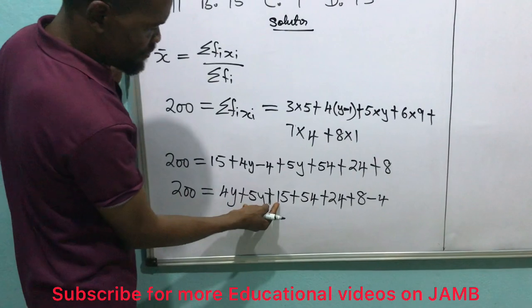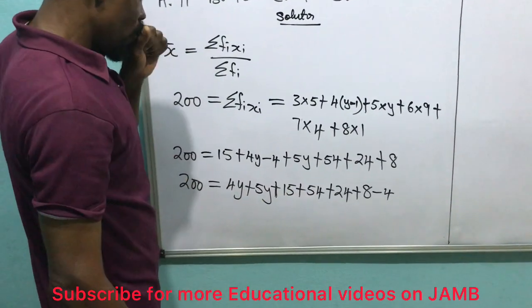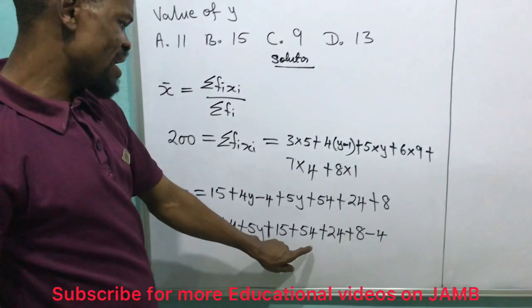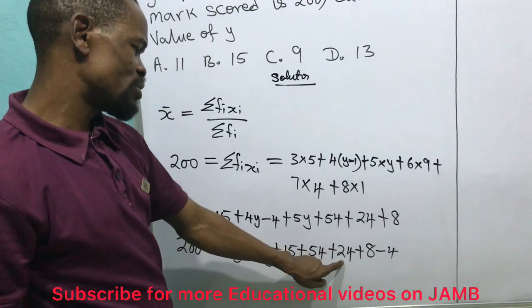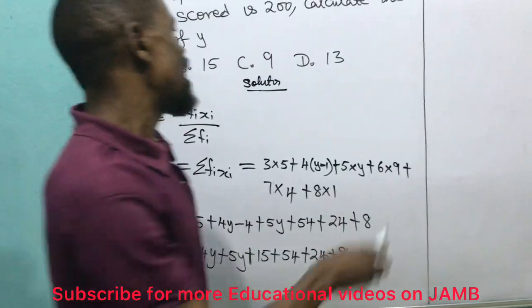Adding this, 15 plus 54 will give me 69. 15 plus 54 will give me 69, then 69 plus 24. Let's add it up here.